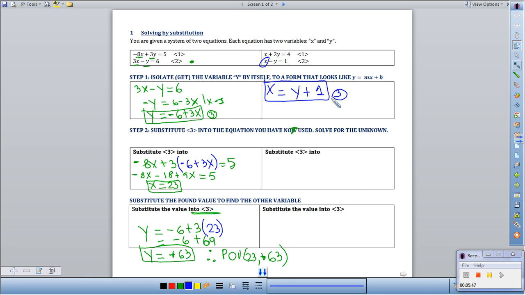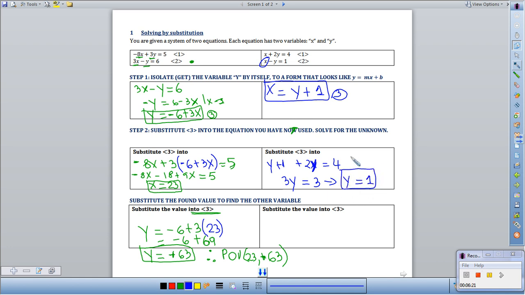And where do I use it? I use it in the equation that I have not used before, which is number 1. And wherever I see x, I'm going to write y plus 1. So y plus 1 plus 2y equals 4. And we're going to simplify and solve for y. So we have 3y equals 3, y equals 1.